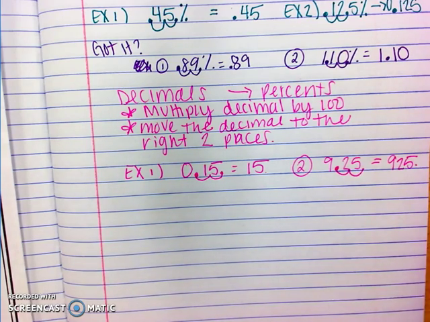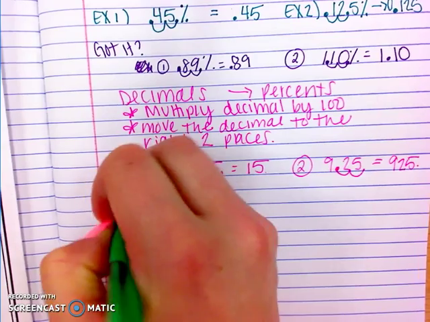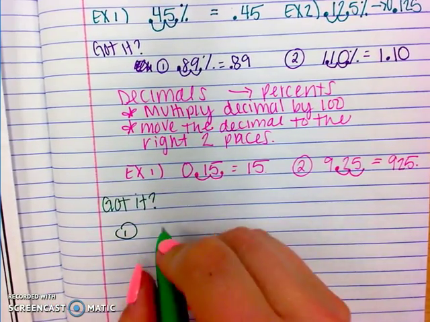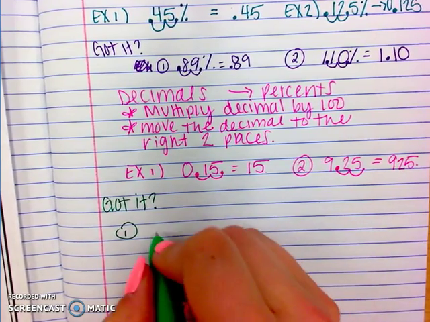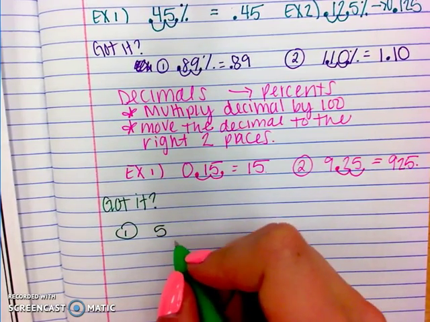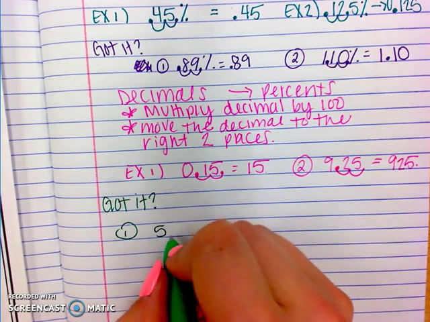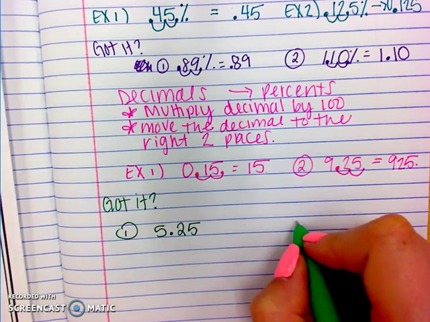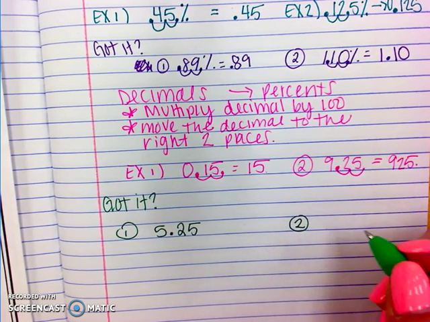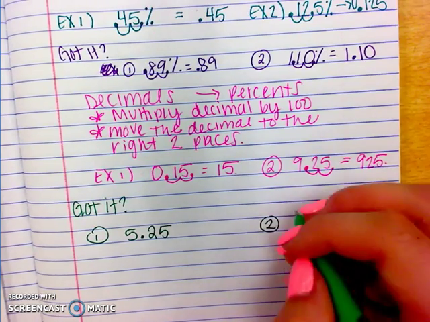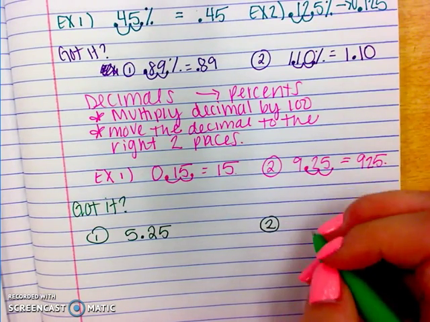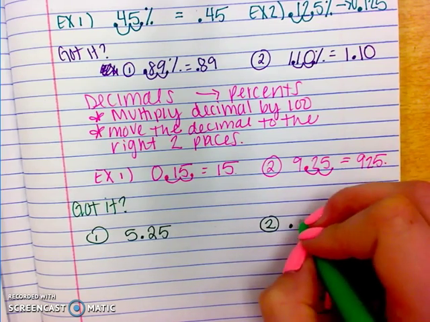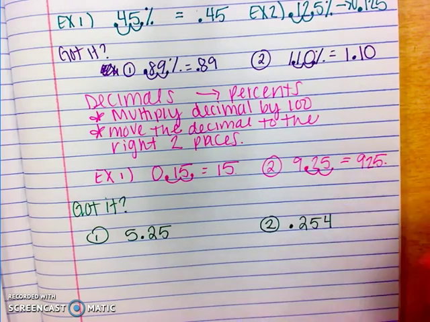All right, so now let's do some got it's. The first one, let's do 5.25. And the next one we're going to do is 0.254.